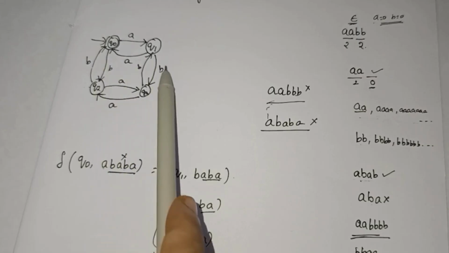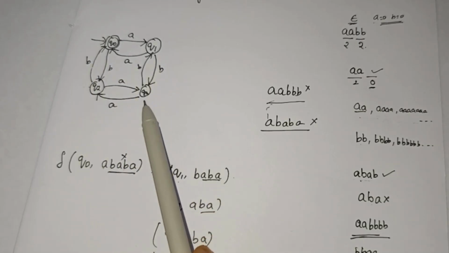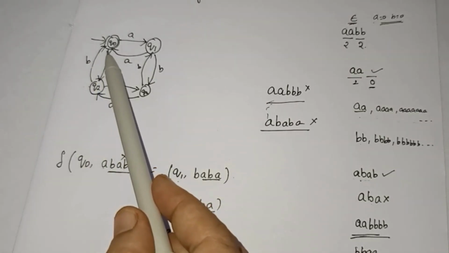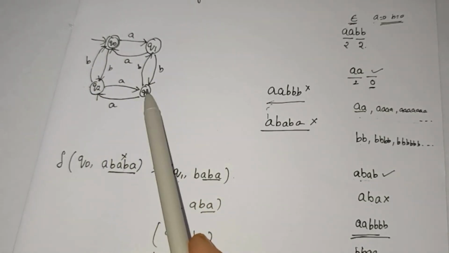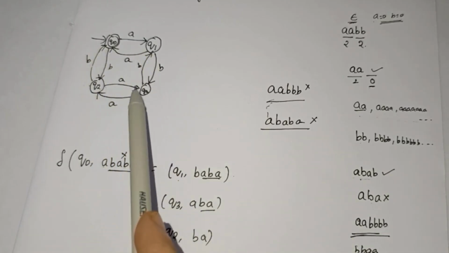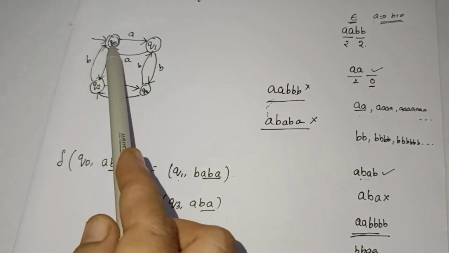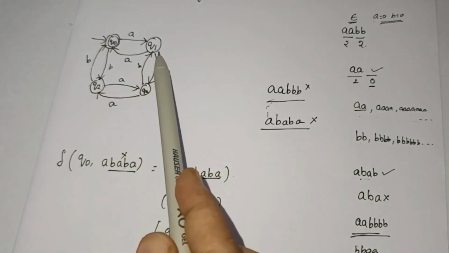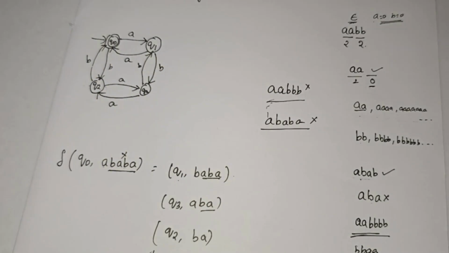But if I say AB, AB, then we should make one more transition like this. AB, A, B. BA also should be accepted. B, A, B, A. If the combinations are like this, from A you start moving towards the final state. If starting from B, try to move alternate input symbols to the final state.